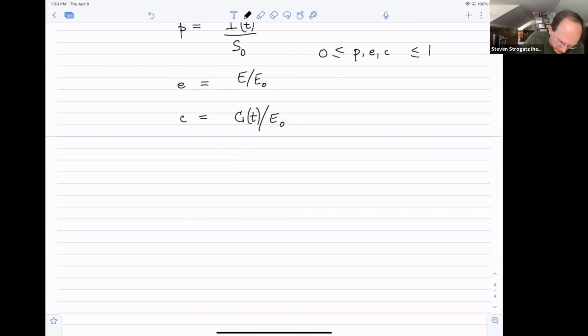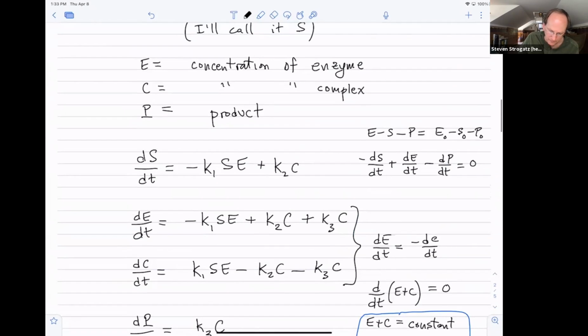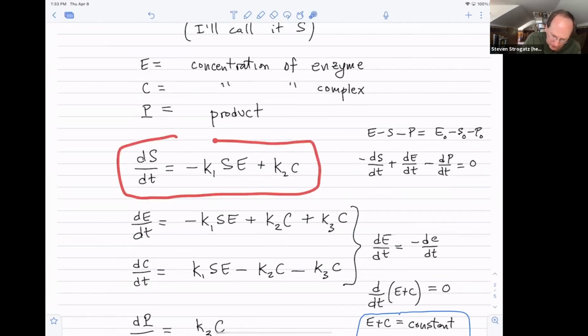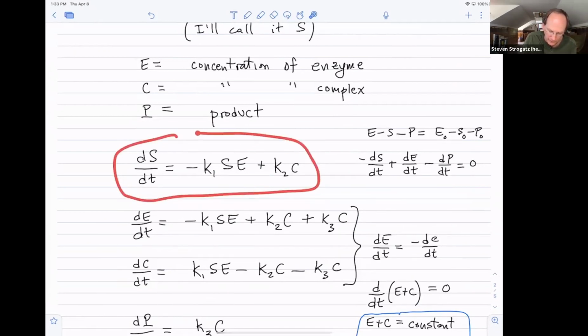So let's do the first one, d dt of S. So S we're now calling S0 times lowercase s. And the rate equation, if I go back, let me just stare at it for a second. Okay, so I'm working on this equation right now. I'm just going to substitute for the capital S and the capital C on both sides of this.